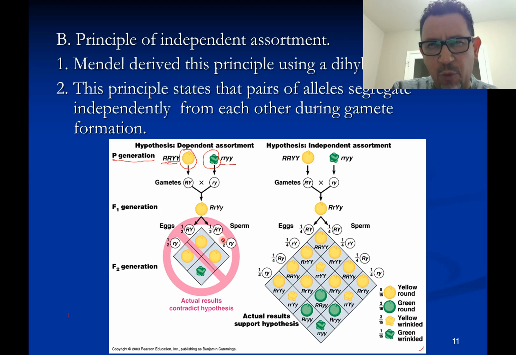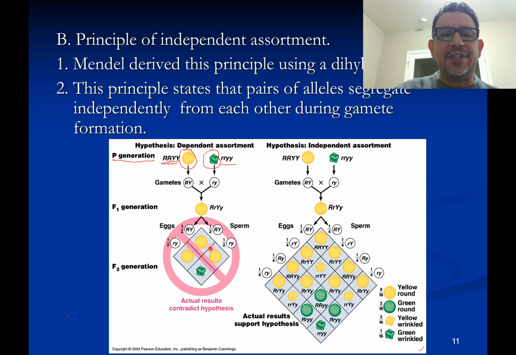Now, again, I want to emphasize, why are we doing this in this situation? We are looking at the hypothesis of dependent assortment. And if you're thinking, depending on what? What depends on what? What if this cross depended on dominants always going together with dominant alleles and recessives always going with recessive alleles?